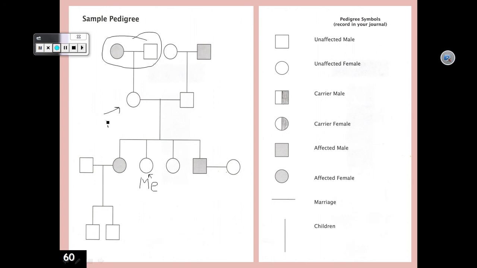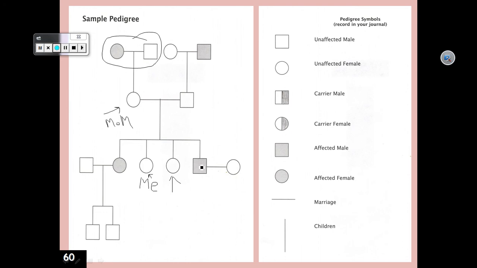This would be my mother. And this would be my father. So this is my mom, this is my father. This line represents children. It looks like my mom and dad have had 4 kids, 1 male and 3 female. So this circle in relationship to me would be a sister. This would be a brother.